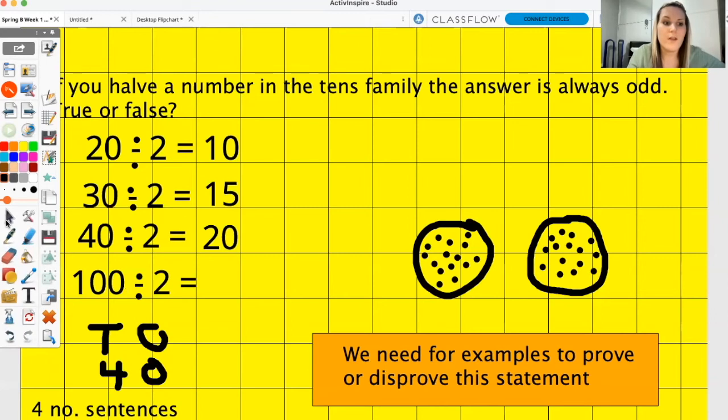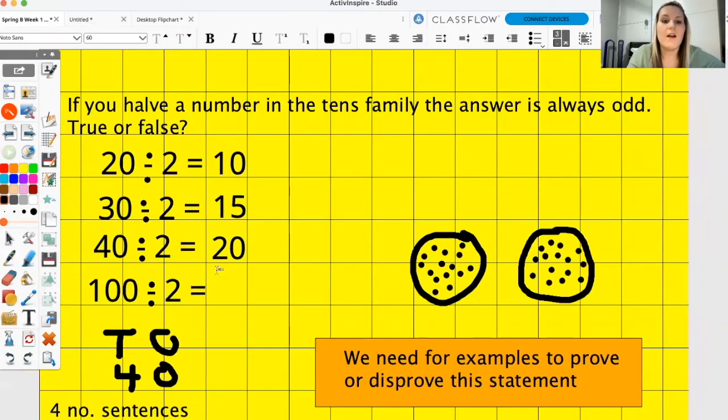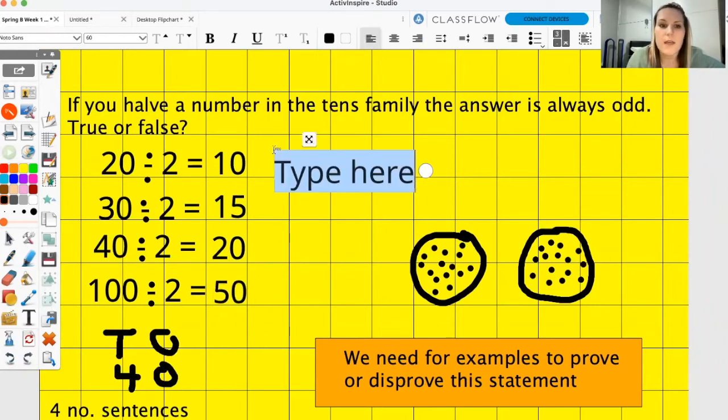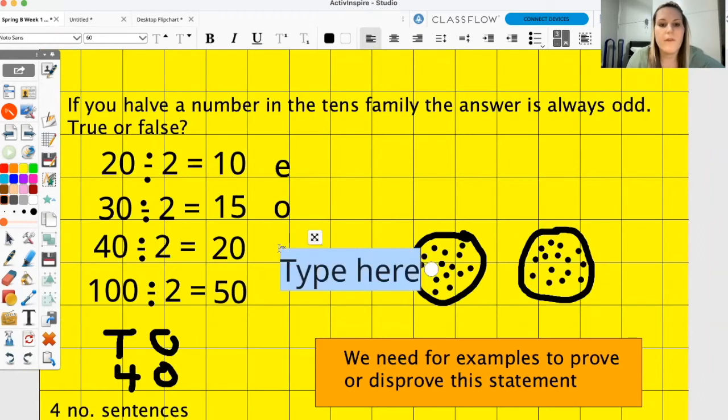So half of 100 is 50. And I know that 50 is even because it has a 0 in the ones column. So my answers here are even, odd, even, and even.